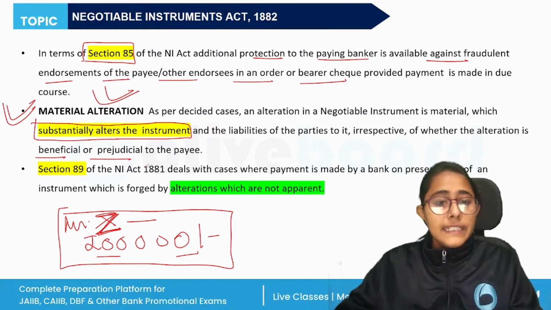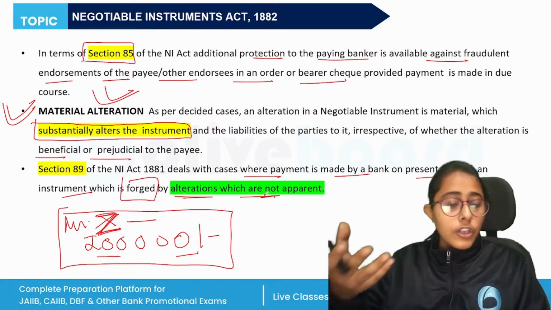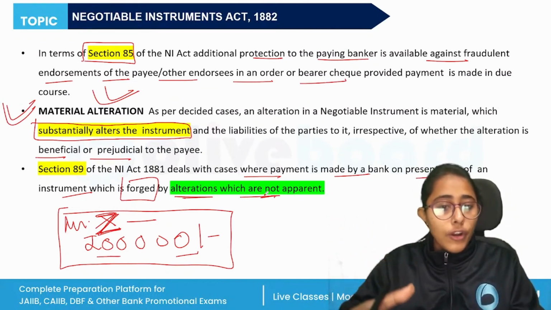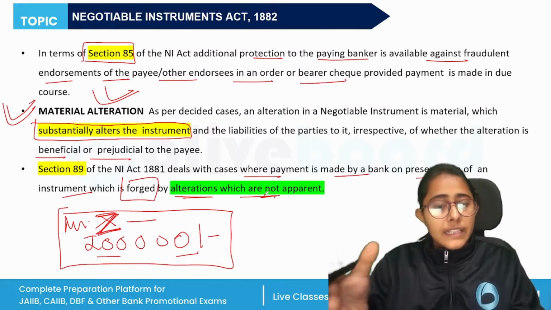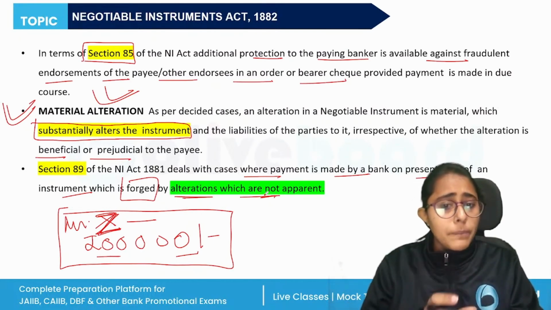Now, section 89 says that where payment is made by the bank on presentation of an instrument which is forged by alterations which are not apparent, which are not visible, which are not clear to the naked eye. If a check is an electronic image of a truncated check, then any difference in the apparent tenor of such electronic image should be considered as a material alteration.